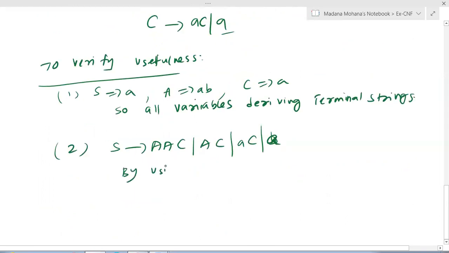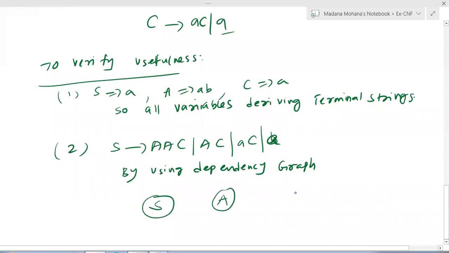By using the dependency graph we can verify. Now take the left-hand side variable S, and all right-hand side variables. We have A and C. S is the starting variable. Now check whether there is a path from S to A or not. Yes, we have S to A. Why? Because S derives AAC, AC. So at least one path is enough.